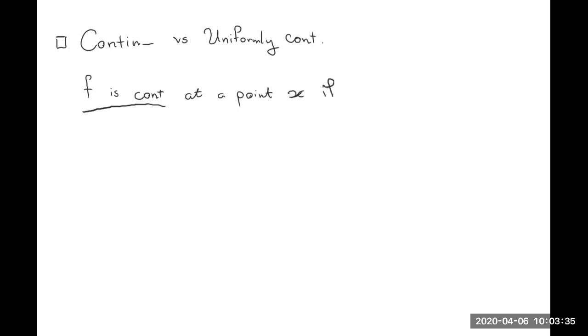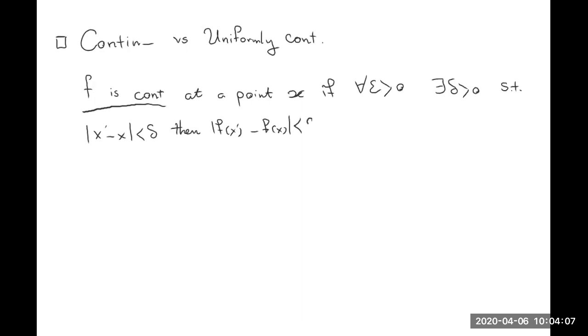If for any positive epsilon, there exists a positive delta such that the following holds, such that if x prime is another point which is closer to x than delta, then the difference between f of x prime and f of x is less than epsilon. Okay, so this is the important definition.